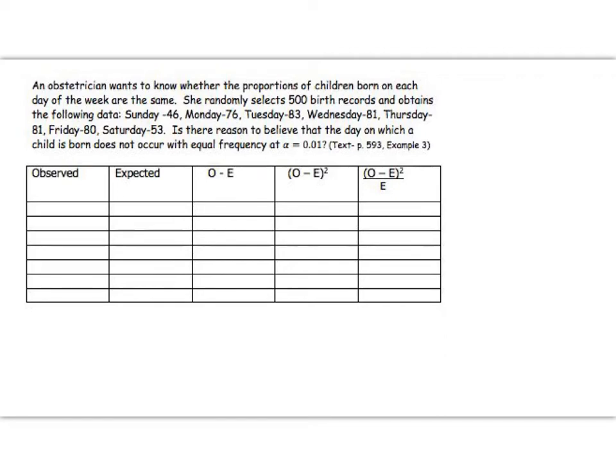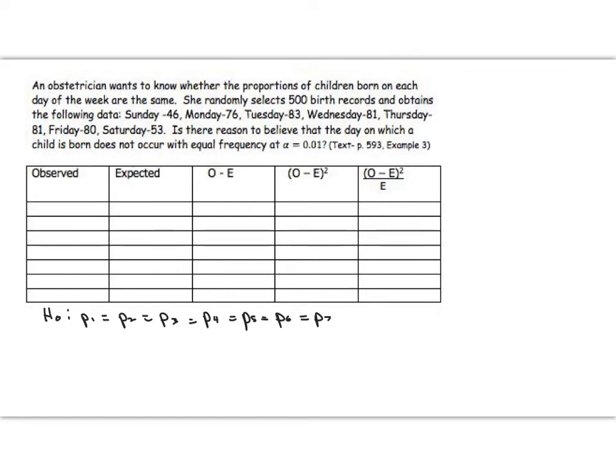Okay, so let's start off with creating our hypotheses. So our null hypothesis is that all of these proportions are equal, and there are 7 days of the week. So we could say proportion 1 equals proportion 2 equals proportion 3 equals proportion 4 equals proportion 5 equals proportion 6 equals proportion 7.